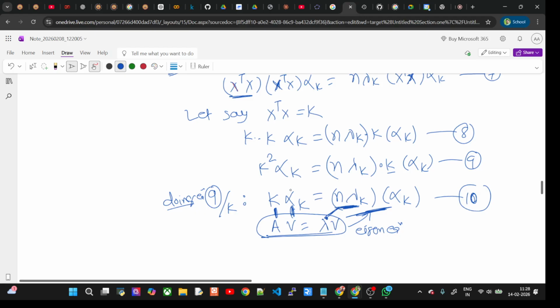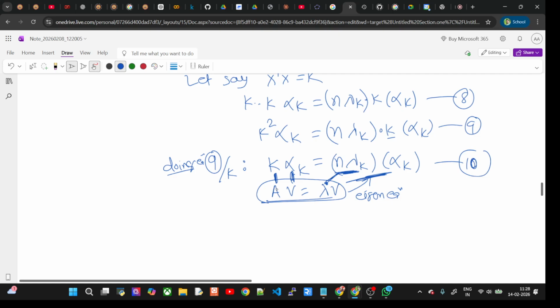Correct? This looks like some kind of eigenequation, this equation 10. Now you are with us here, you can understand now. Correct? You got it till equation 10. Now what I said earlier, this alpha k, if it is an eigenequation, alpha k looks like some kind of eigenvector. Correct? But eigenvector of what?